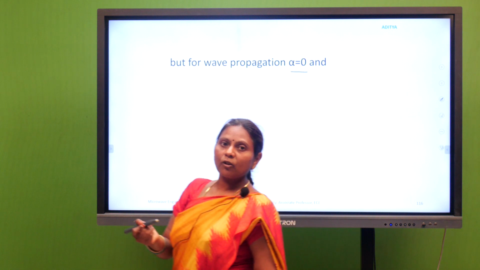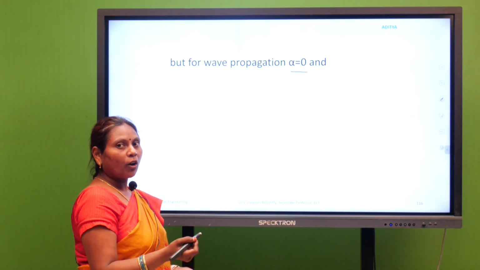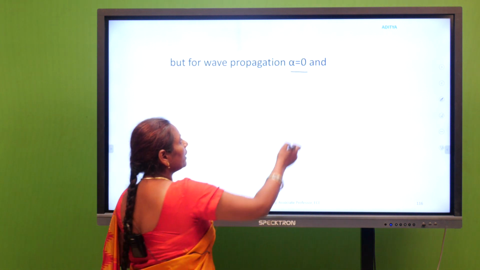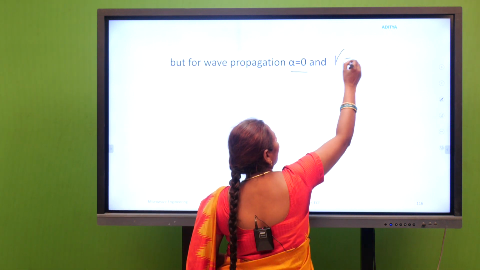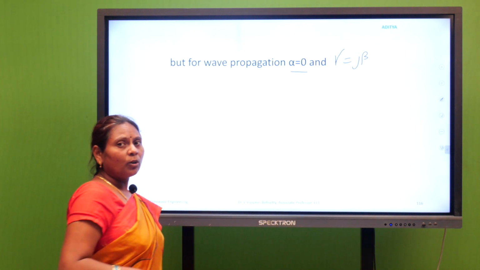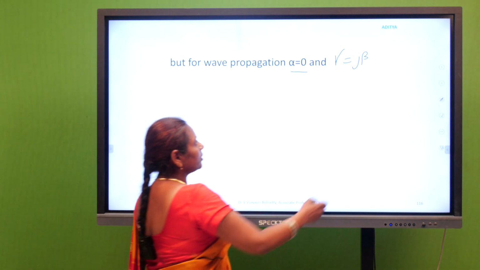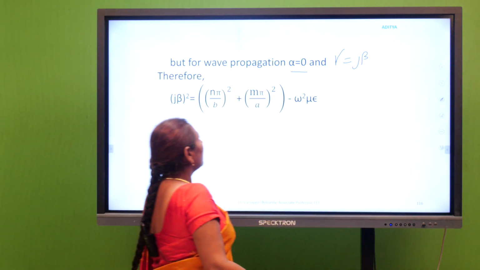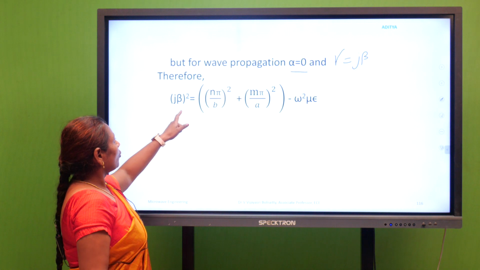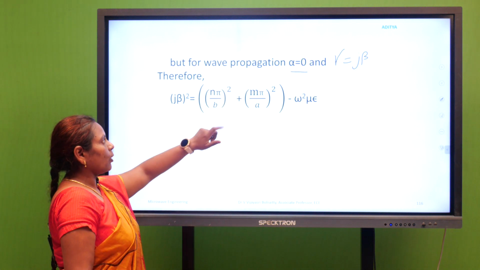As alpha is equal to 0, while substituting in gamma is equal to alpha plus j beta, we get gamma is equal to j beta. Okay. So as gamma is equal to j beta and there is a square root, let us square on both sides.